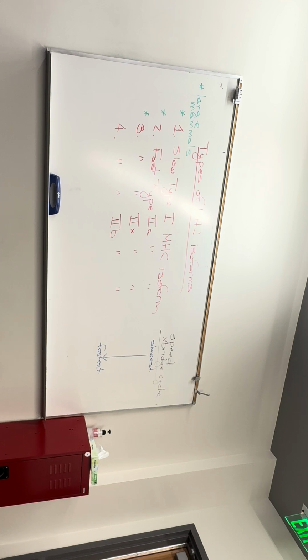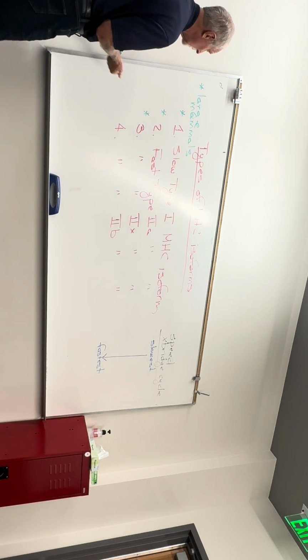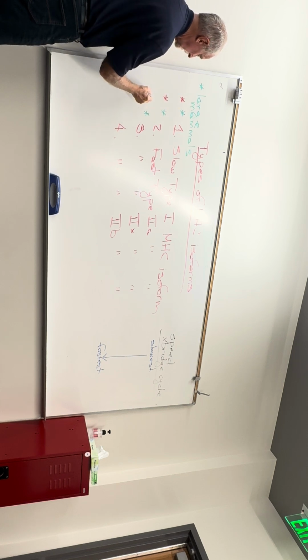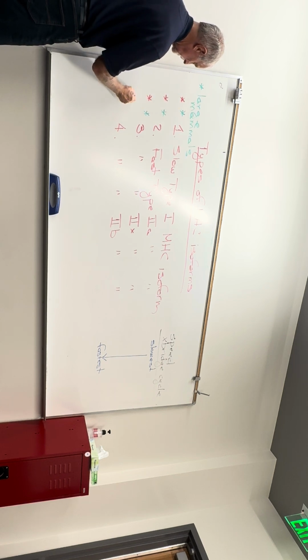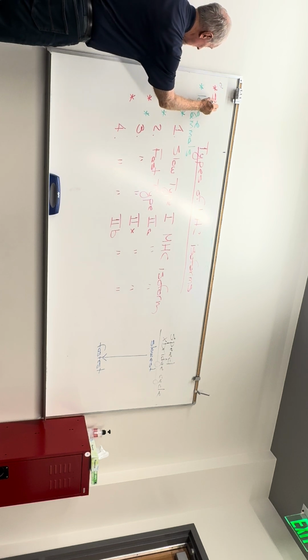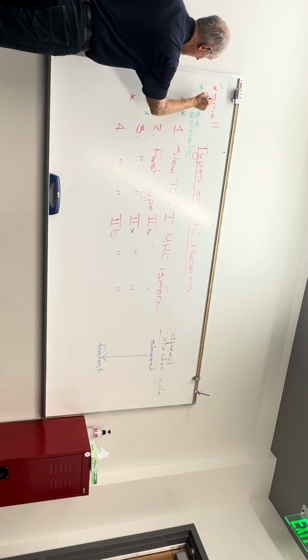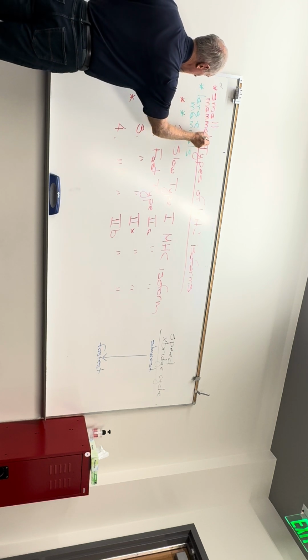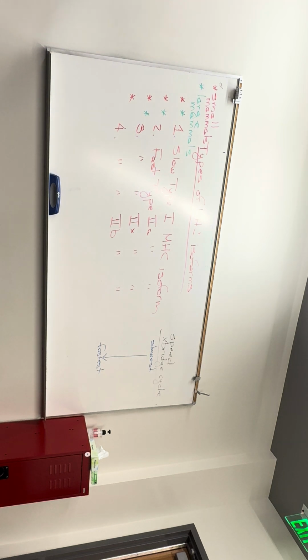If we're talking about small mammals, they have the slow type 1, the fast 2A, the fast 2X, and the fast 2B. Those are mammals.